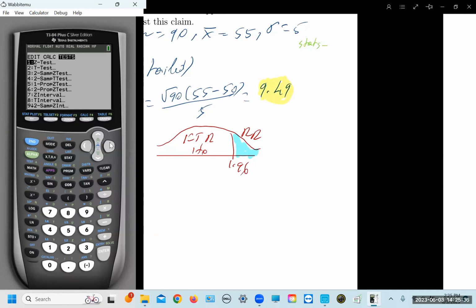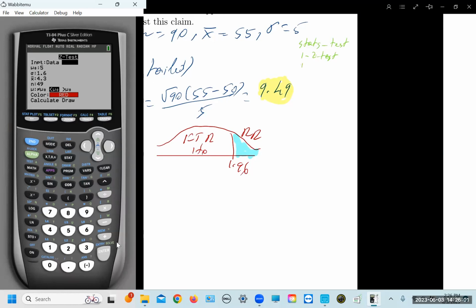And we go for test, and we go for number 1. This one is Z test. So number 1, Z test, we do the same thing like the one before.